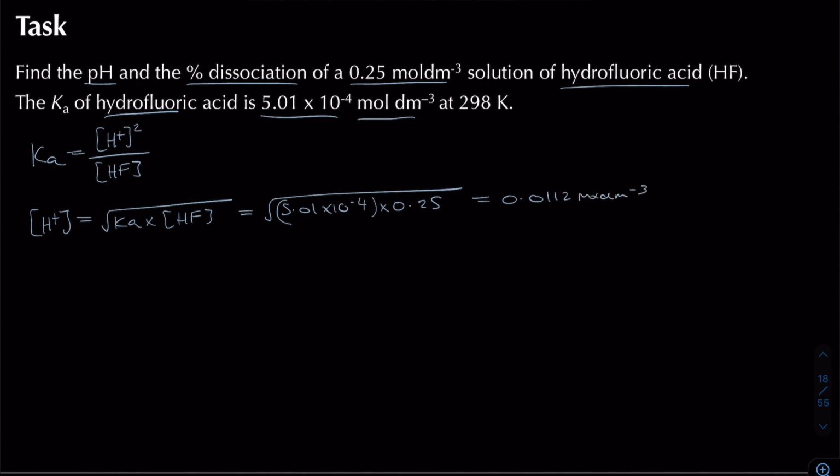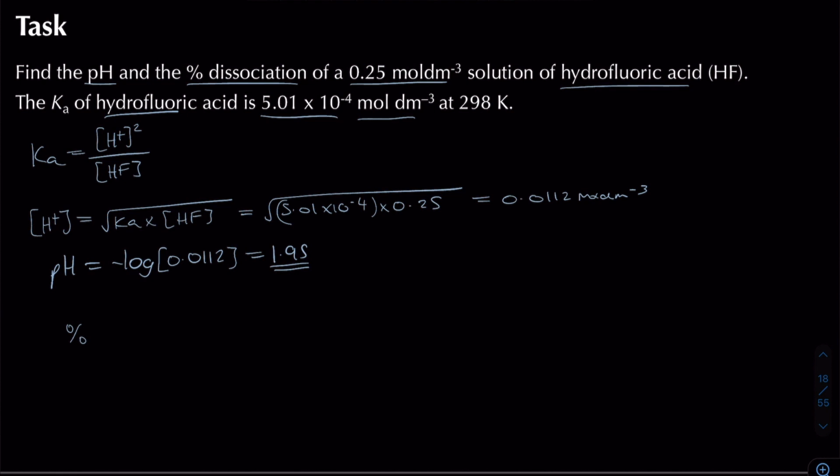And then we can find a value for pH in that case by saying pH is equal to minus log of the concentration of H plus, which is going to be 0.0112 mole per decimeter cubed. I end up with a value of 1.95 for a value of pH, and so there's one of my values calculated so far.